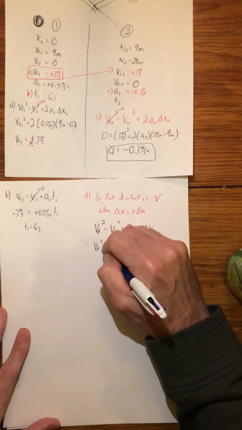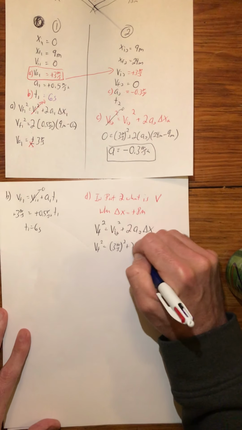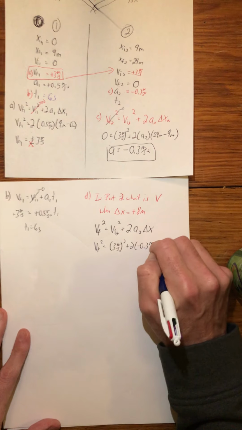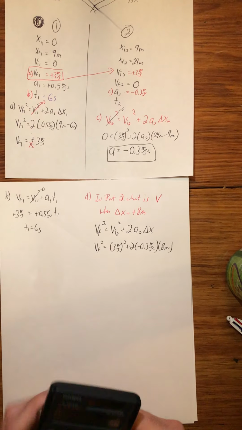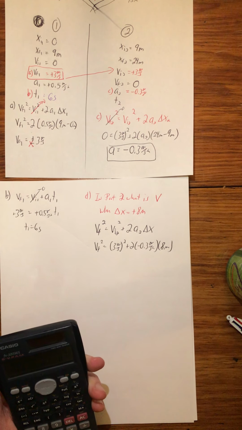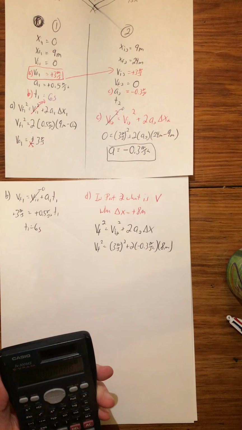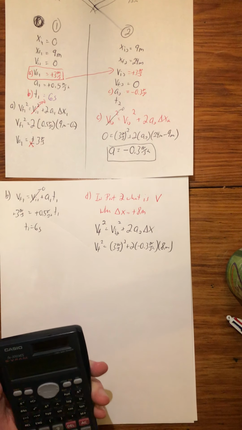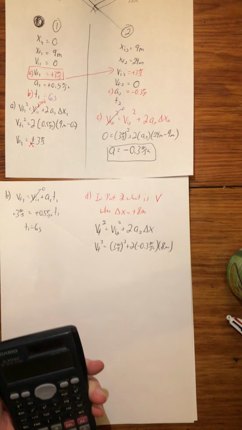So VF squared is equal to VI, which is 3 meters per second squared, plus 2 times negative 0.3 meters per second squared, and then this is 8 meters. So plugging that in, I've got 0.3 times 2 times 8. Okay, whoops, 8, I'm trying to move too quickly here.